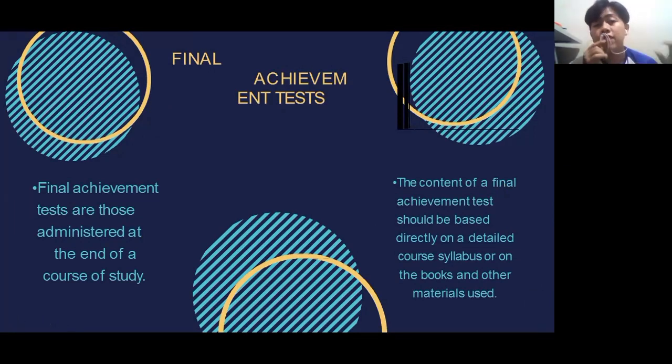If we have studied many courses or lessons in class, at the end of the semester we can give this final achievement test.